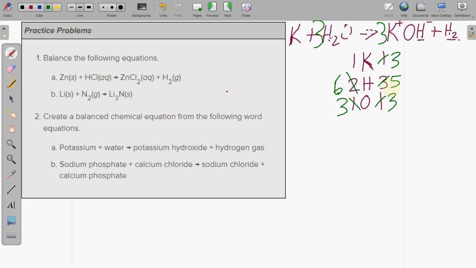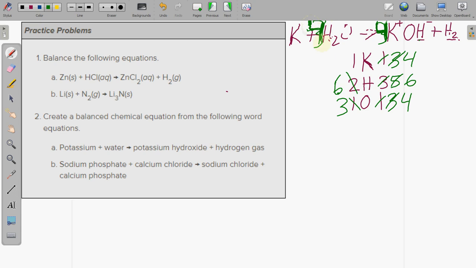So then, if we change this to a 4 instead of a 3, that would be 4 potassiums, 4 oxygens, and 4 hydrogens plus 2 more. That would be 6. So then I'm going to have to change this to 4 as well.